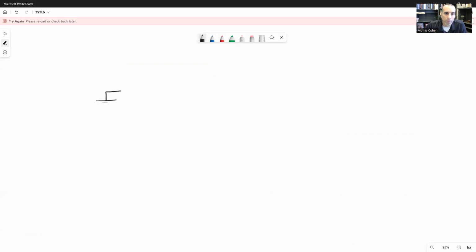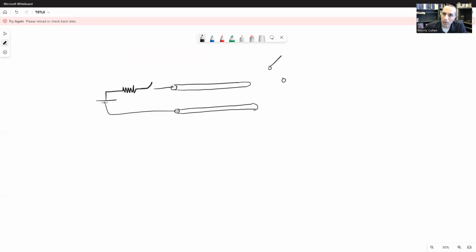Here's our battery. Here's our generator voltage. Here's a switch that I've sometimes been ignoring to draw. Here's one transmission line. All right, we're going to divide this up into two transmission lines. I'm going to draw one going off this way. The actual direction that I draw it doesn't matter.